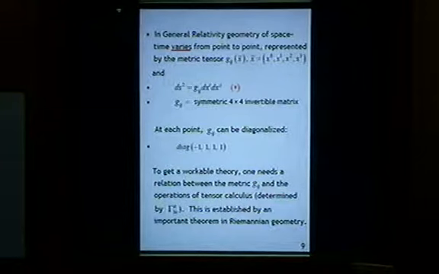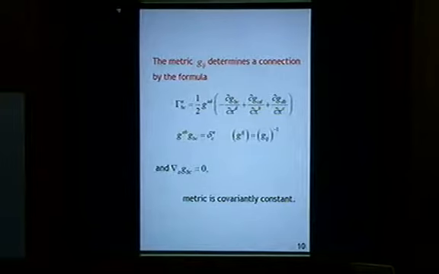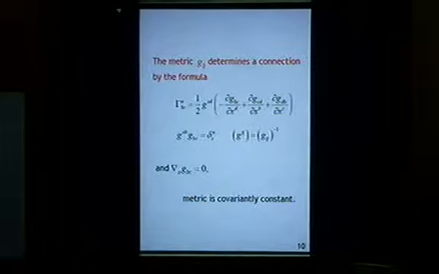And this relation is established by a very important, beautiful theorem in Riemannian geometry, and here's the theorem. Given a metric, it determines a connection by this formula here. Now g upper AD is, from the fourth line down, g_AB times g^BC is δ_A^C. So really, g upper AB is the inverse matrix, which always exists because at every point you can diagonalize, and the determinant's not 0.